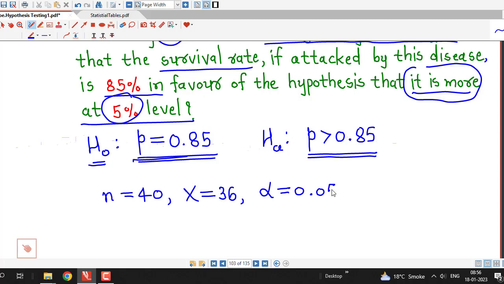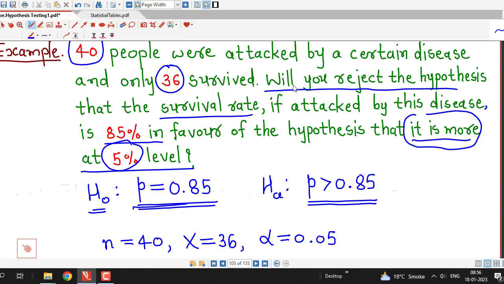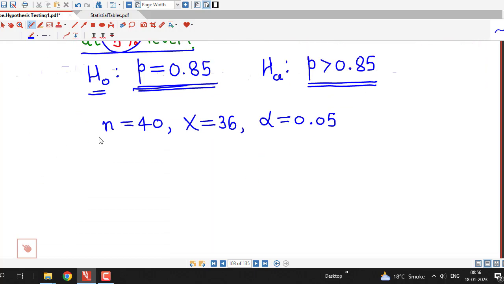Using this information we will answer whether we reject the hypothesis that the survival rate is 85% or it is more at 5% level of significance.